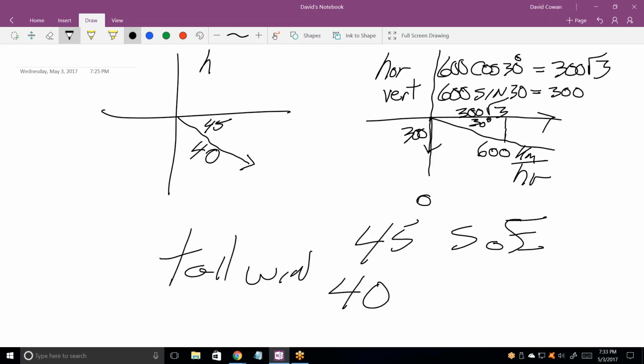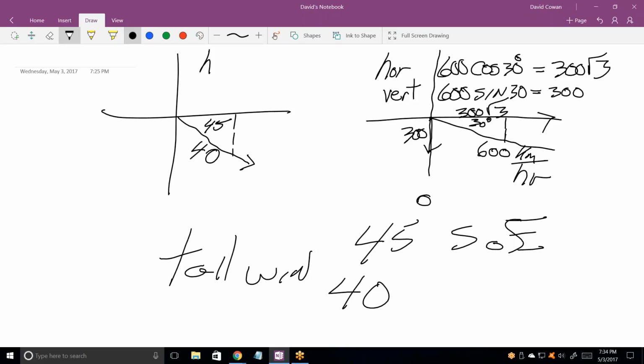What is the horizontal component of the wind? Remember, it's the magnitude of the vector times the cosine of that reference angle. It's negative or positive 20 over root 2.